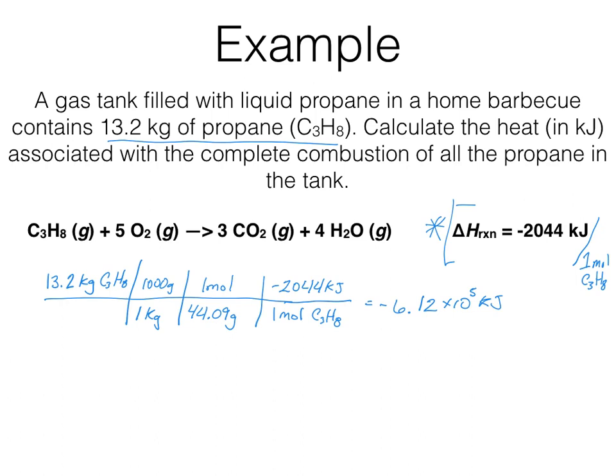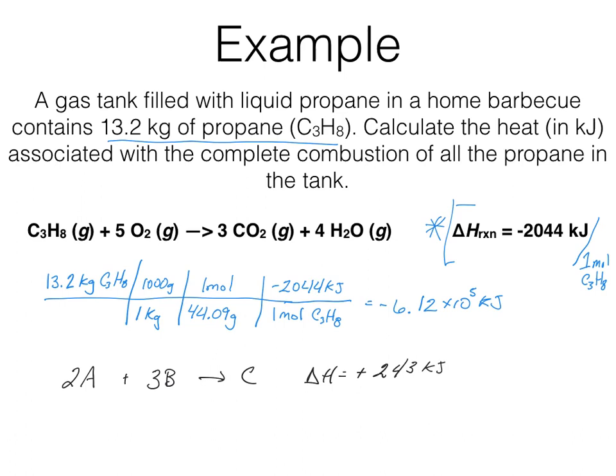Now, if I were looking at a different reaction, say I'm going to give a generic reaction that is 2A plus 3B goes to form C. And my delta H is a positive 243 kilojoules.